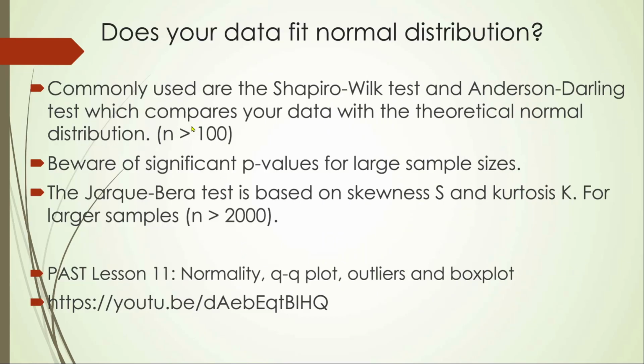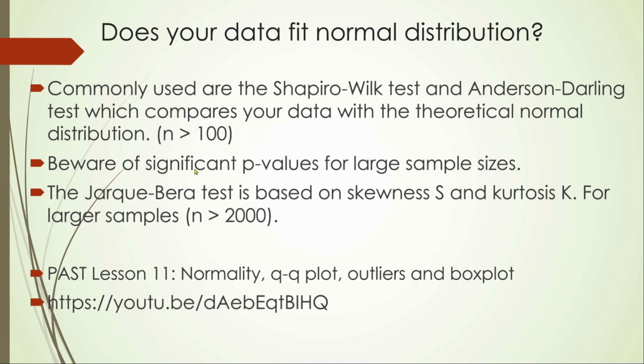Once you have collected your data, you have to see whether your data fit normal distribution. You can use commonly used tests, for example the Shapiro-Wilk test or the Anderson-Darling test, which can compare your data with a theoretical normal distribution. This is usually suitable when your n is more than 100.